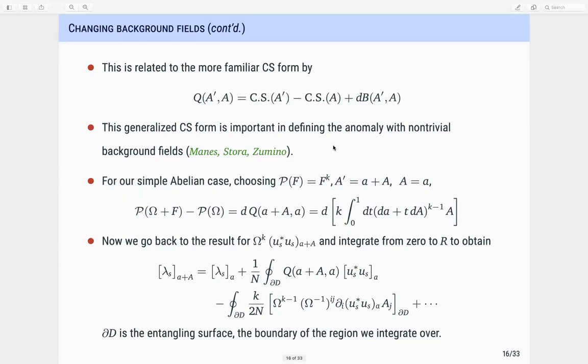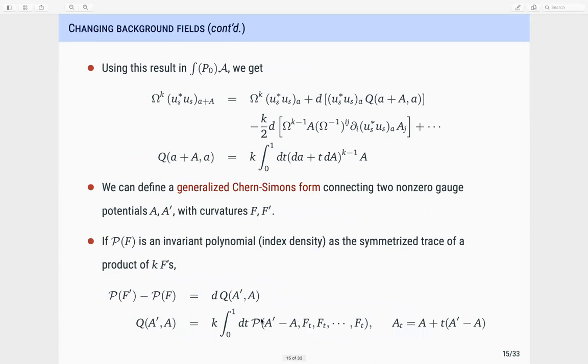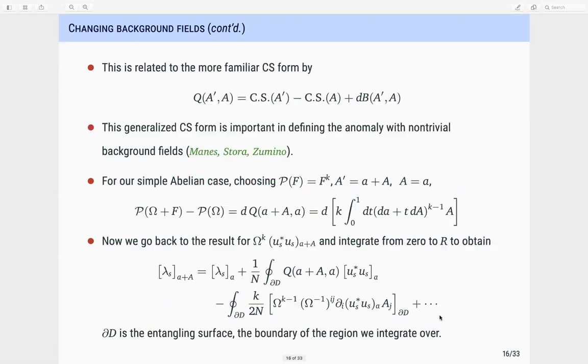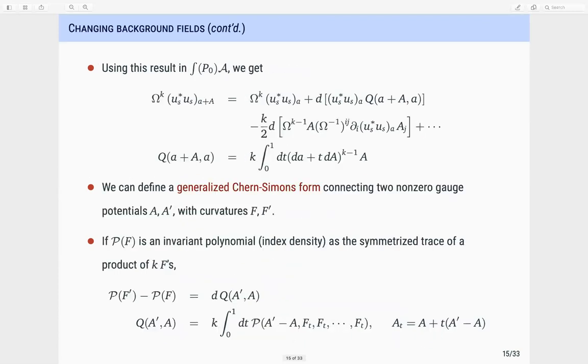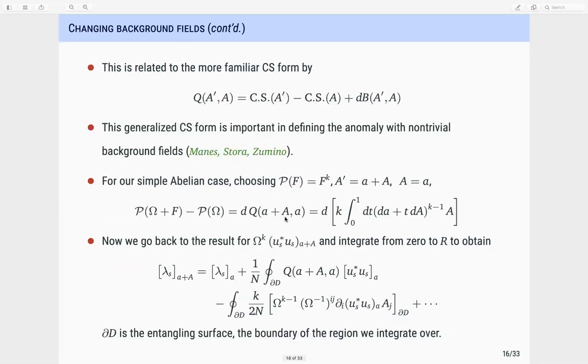Okay, so we're essentially coming back to that kind of term. Now, in the present case, if you take this A prime and A, which are related like so, take A prime to be little a plus A, namely the shifted background, A to be the unshifted background, just substitute into this formula here, and you get this result.